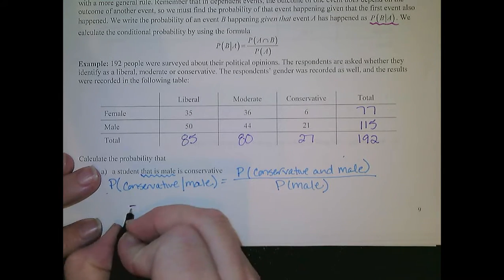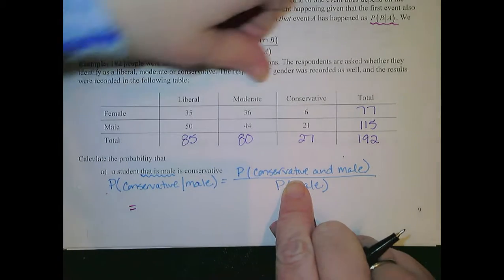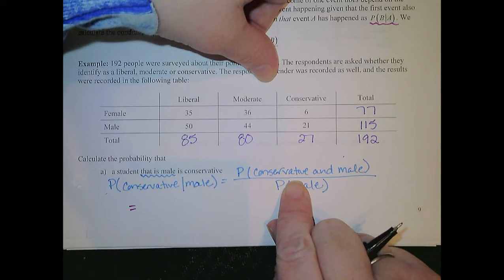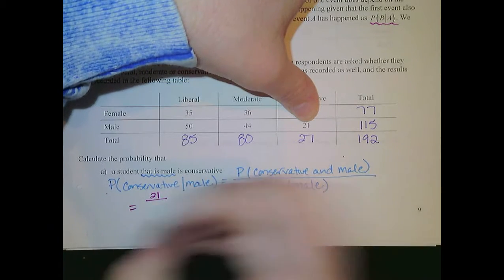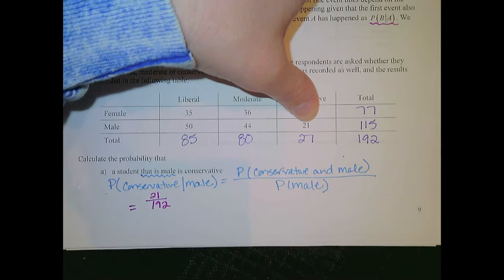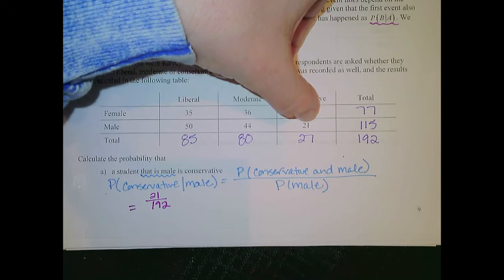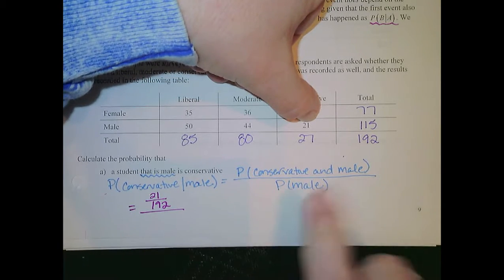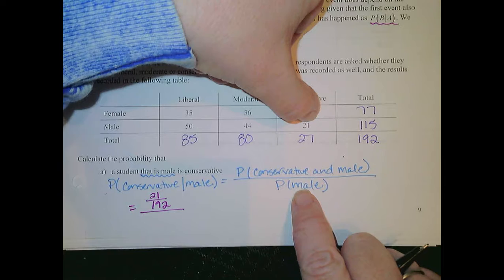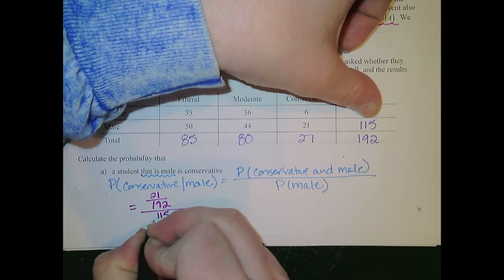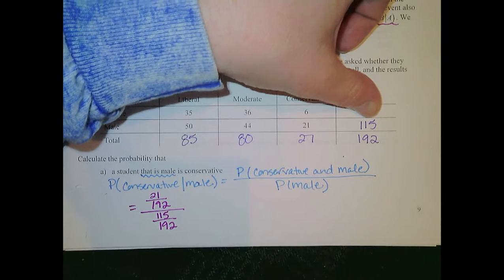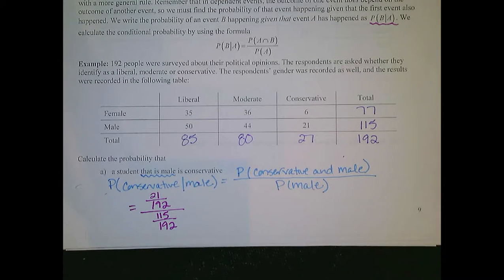So if we look at our table, those that identified as both conservative and male were 21. So 21 out of 192 of our respondents were both conservative and male. We're going to divide that by the probability of being male. Well, in our survey, we had 115 out of 192 of the respondents that were male.